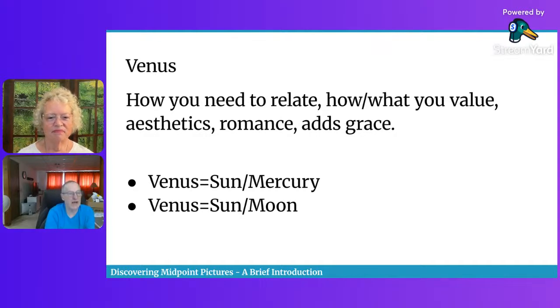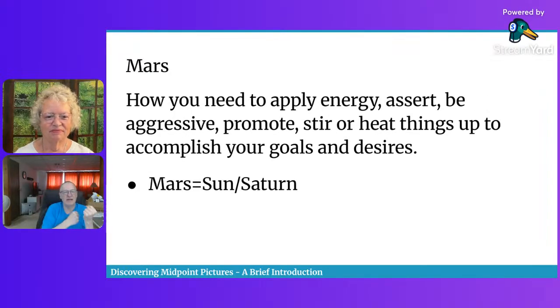And you don't want to do that, do you? No, we don't. All right, so that's Venus. Venus again is attracting us. Now Mars is going to come along, and Mars is going to help us get stuff.